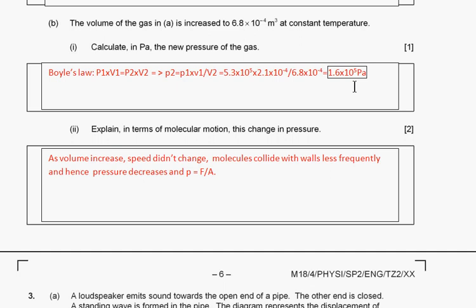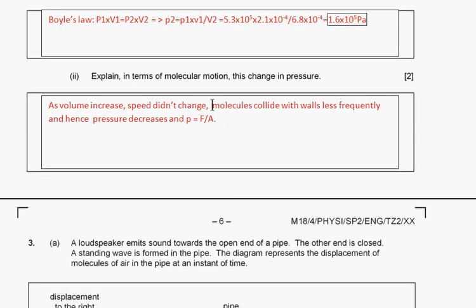It decreased as volume increased. Explain in terms of molecular motion this change in pressure. As volume increased, speed didn't change, but molecules collide with walls less frequently, and hence pressure decreases as pressure equals F over A. Here you can put but.